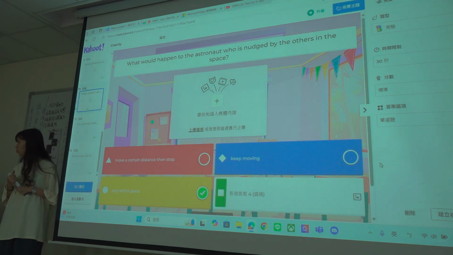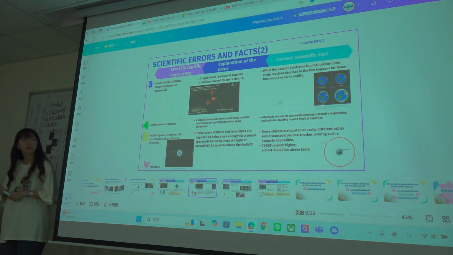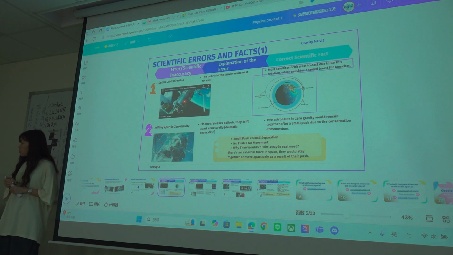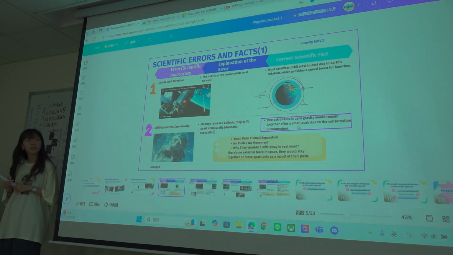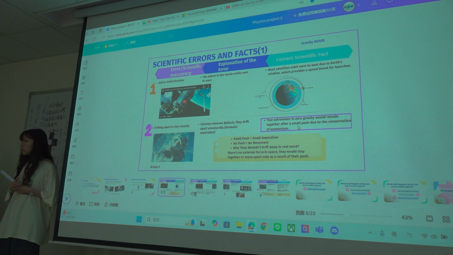Because we mentioned that two astronauts in zero gravity would remain together. It would be the same as the push: a small push would mean small tension and small separation. So if there's no push, there would be no movement.